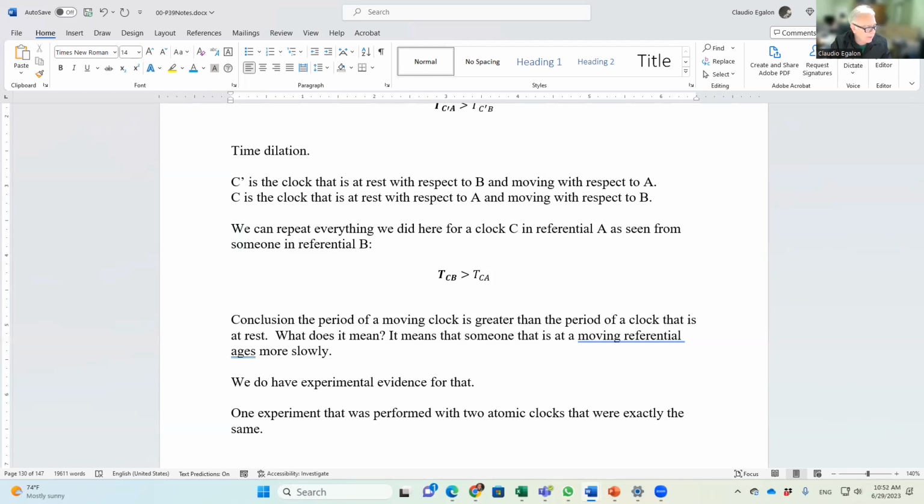They had the same accuracy and precision, and kept time equally.